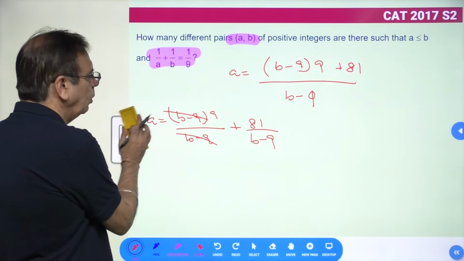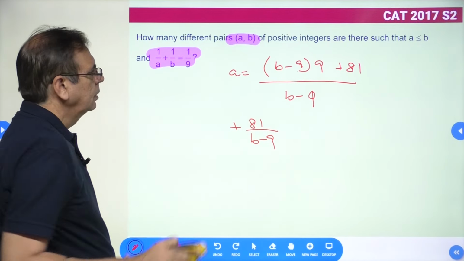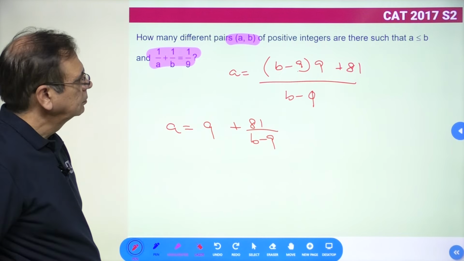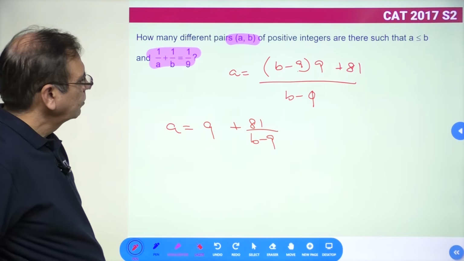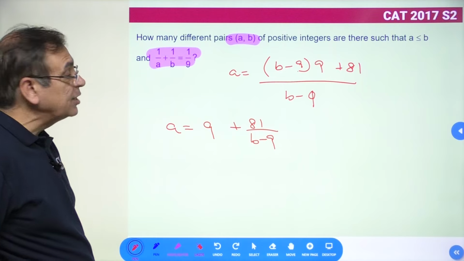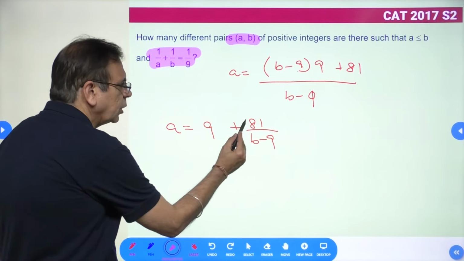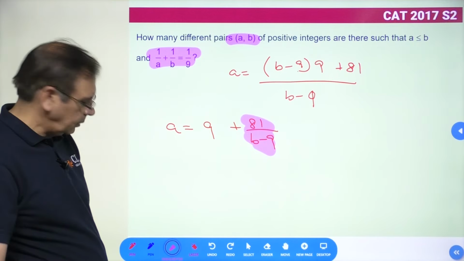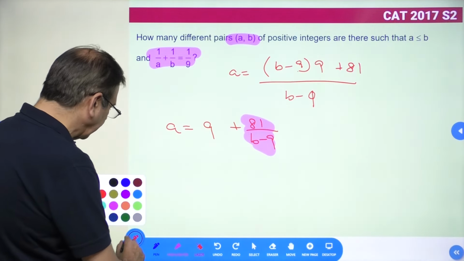So now we have A equal to 9 plus 81 upon B minus 9. For this portion to be an integer, B minus 9 should be a factor of 81. So what are the possible factors of 81?